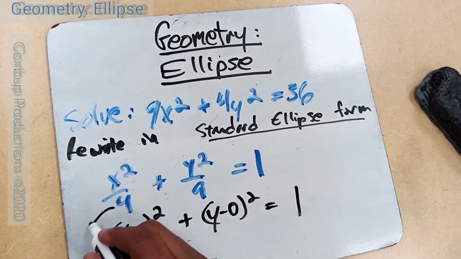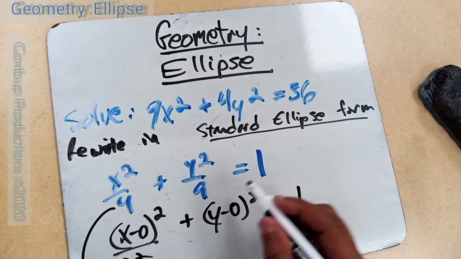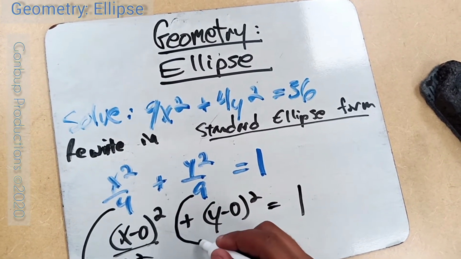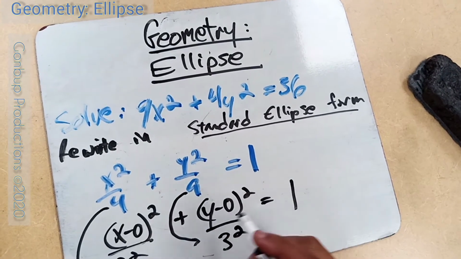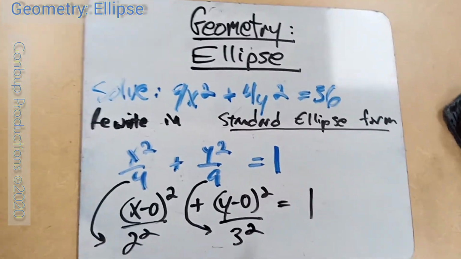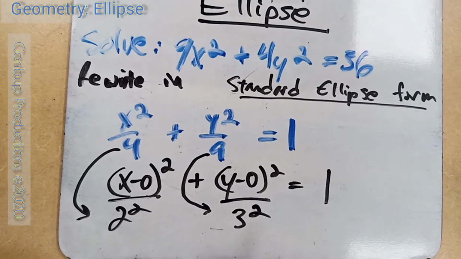Now here we're going to take this 4, and to match the equation we have to have a squared term. So what two numbers squared gives us 4? 2 times 2, so it's going to be 2 squared, and then 3 times 3, 3 squared gives us 9.